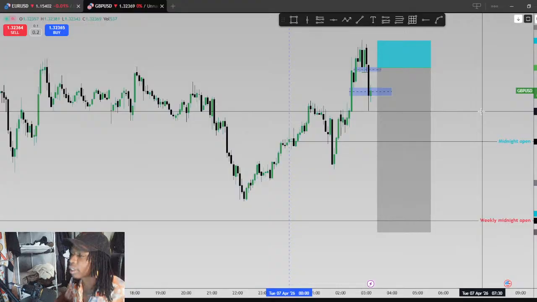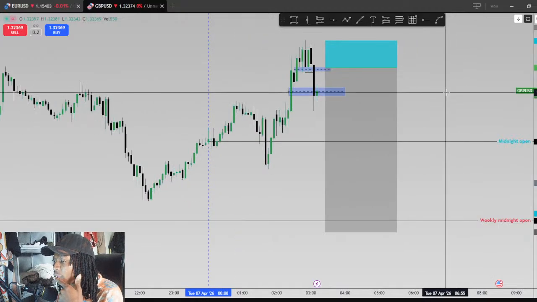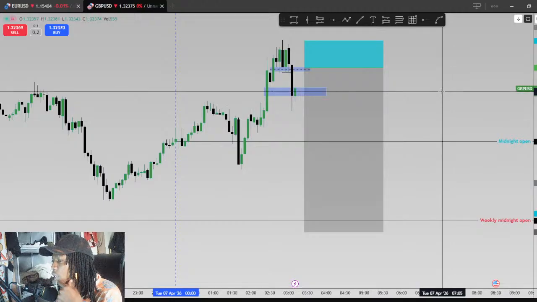Alright, where are we at? Let's see if we'll get an entry on the 315 candle.